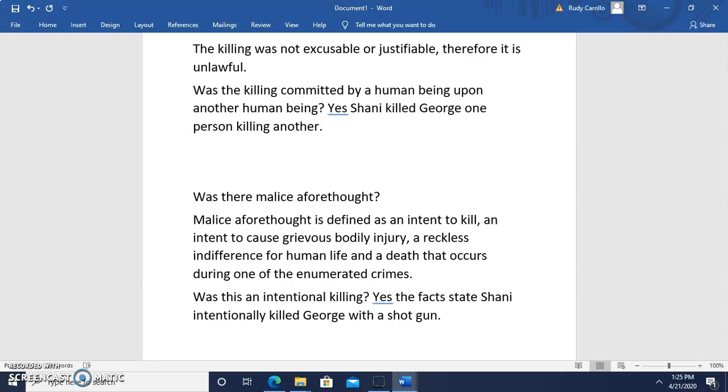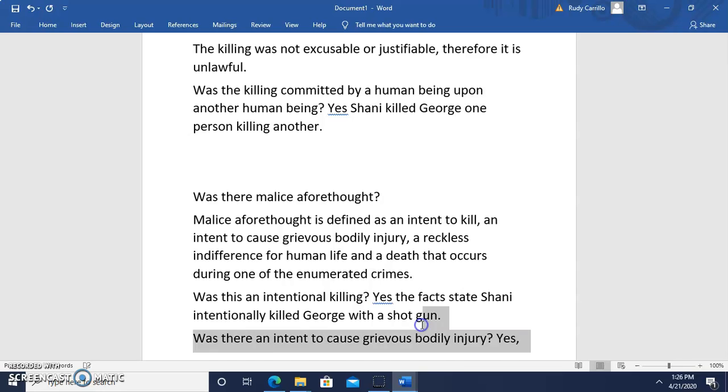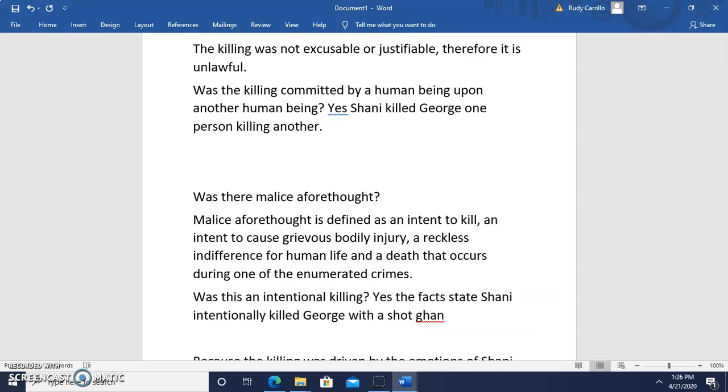Was there an intent to cause grievous bodily injury? The answer is yes. Sorry, the computer gets so sensitive.